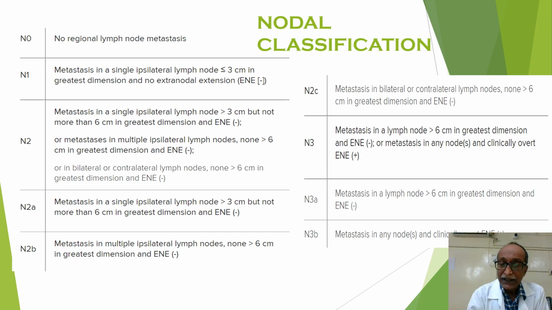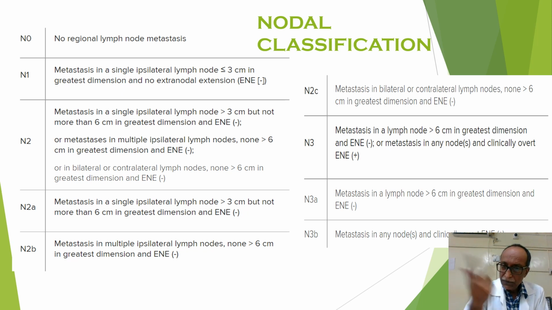Now the N stages. N is the regional lymph nodes. The 5 groups of lymph nodes I showed to you, submental, submandibular, etc., and the elaborate one of 10 or 12 lymph node stations. So whichever lymph node stations are involved, N is of 3 types.